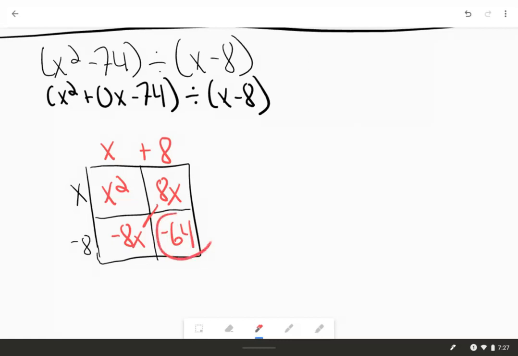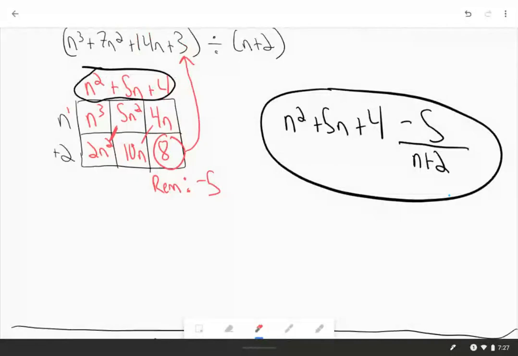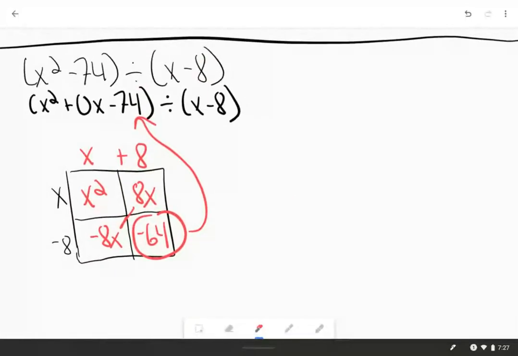Okay, once again, I have a remainder. So I have negative 64, but I need a constant term of negative 74. So I need a constant term of negative 74, which means I have a remainder.